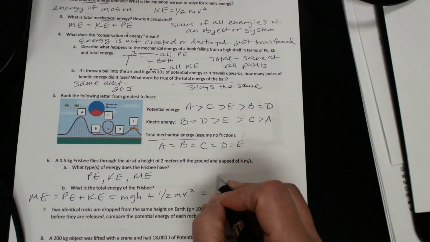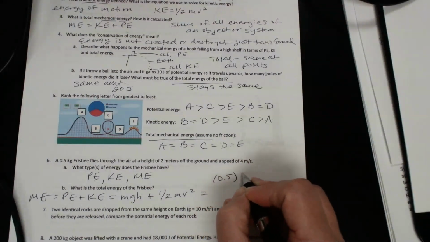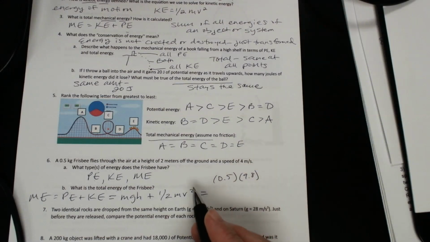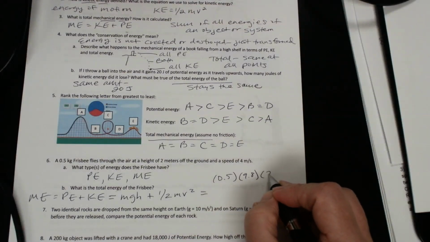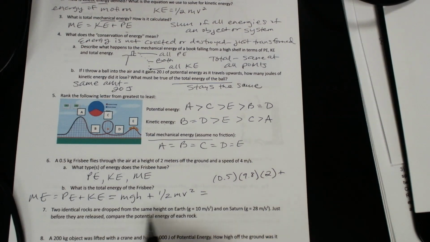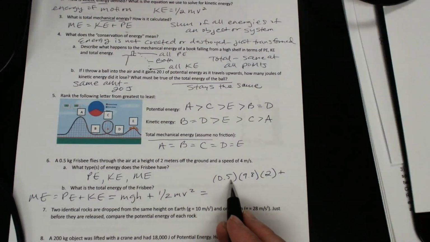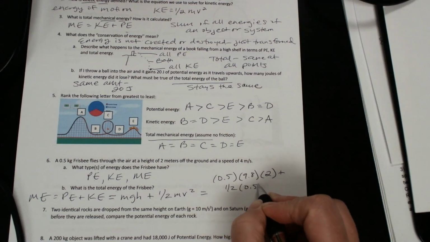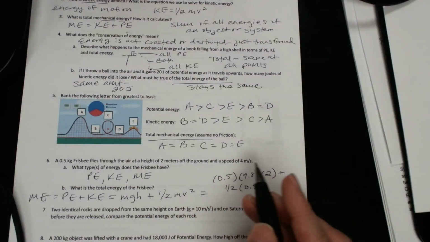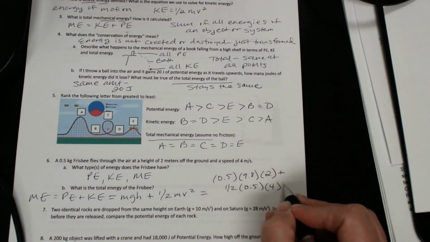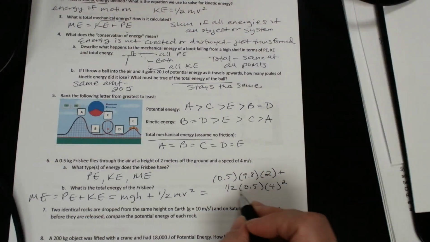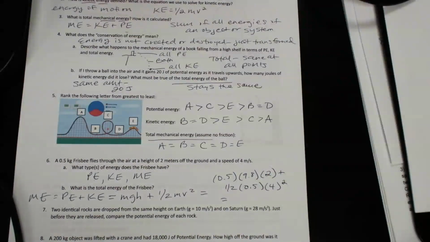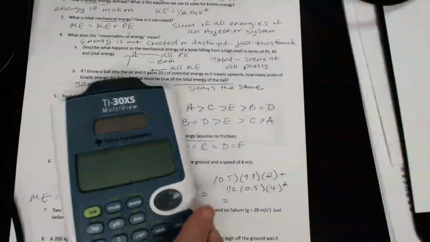So let's see. The mass is 0.5. I'm going to multiply that by 9.8 and then multiply that by my height of 2. That's my potential energy, plus 1/2 times 0.5 times 4 squared, which is my velocity. I've got to square that. And then I'm going to calculate all this out.